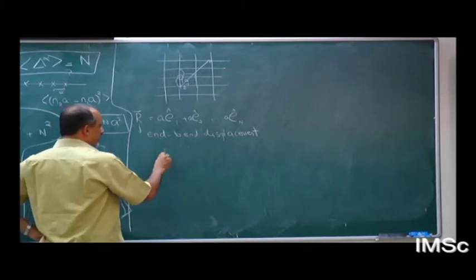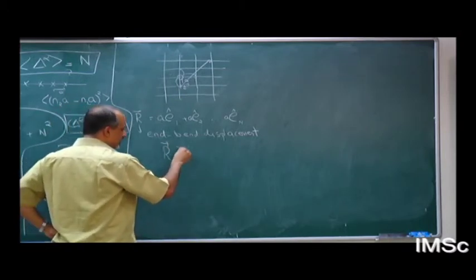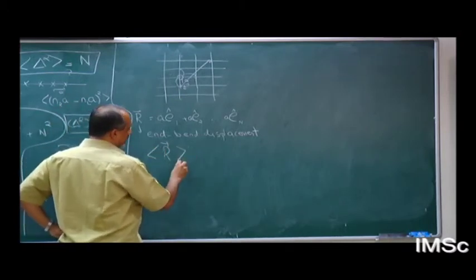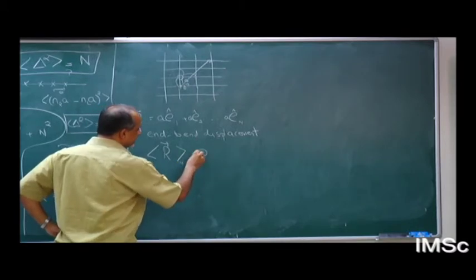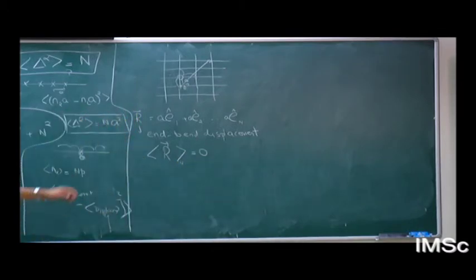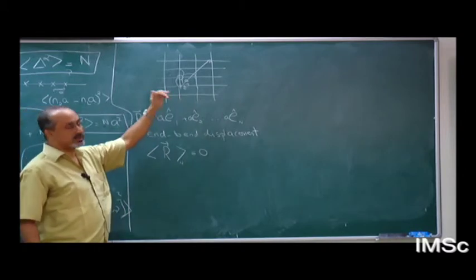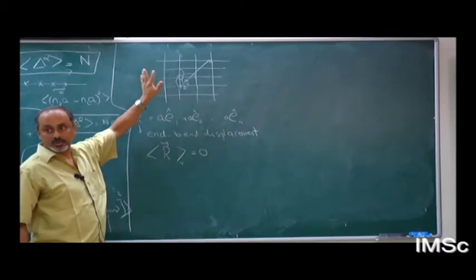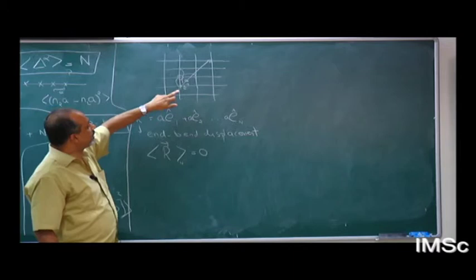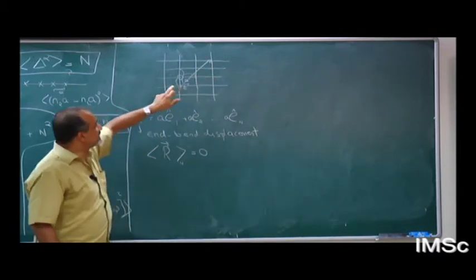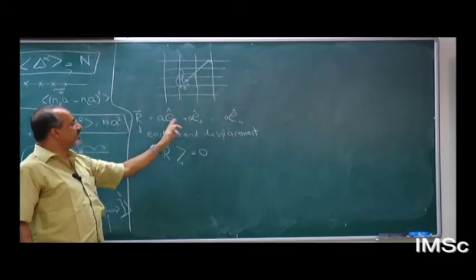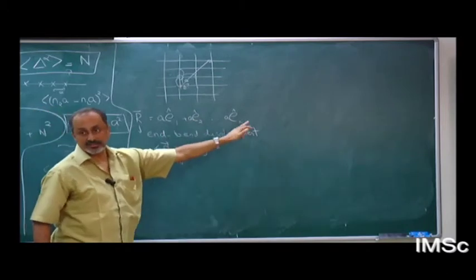Now, first of all, just notice that the average value of R, if I took n steps, must be 0. If I have the same probability of going right or left or up or down, say probability 1/4 of doing any of these, then for every walk that gets me here, there is another mirror image walk where instead of taking E1, I take minus E1, minus E2, minus E3, minus En.